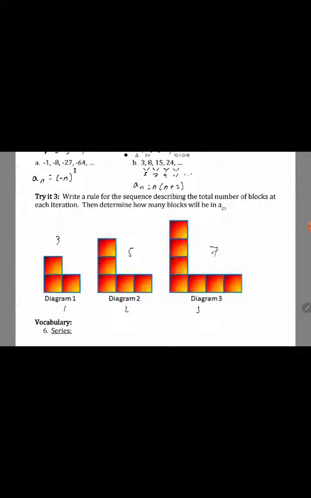I'm starting off with a corner block, and then I tack on 1 here and 1 here. So 1 plus 2, 1 plus 4, and 1 plus 6. Notice how this 1 is constant here. So in my formula, we're going to have something plus 1.